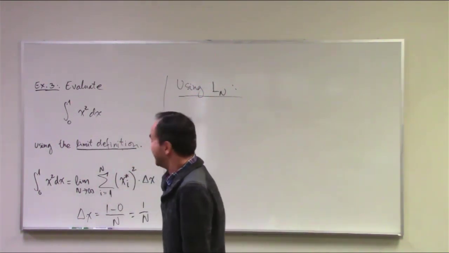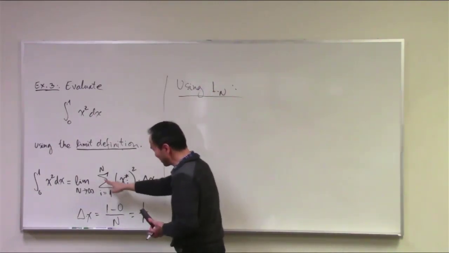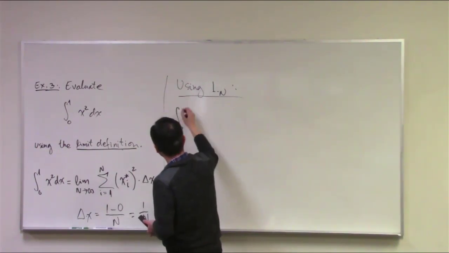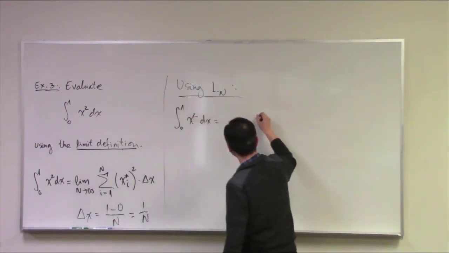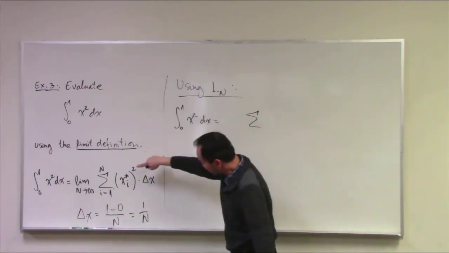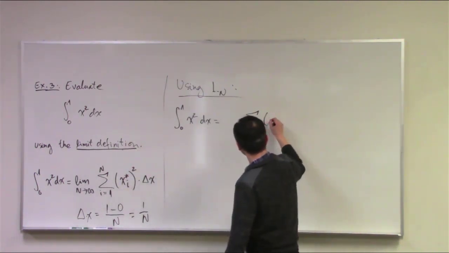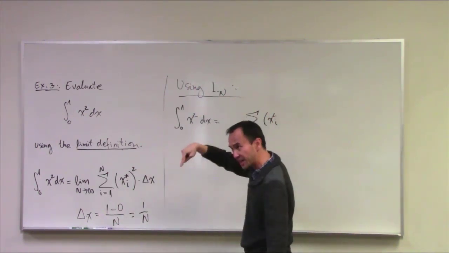So if we're using the left endpoint, this is how the Riemann sum becomes. The interval from 0 to 1 on your function x squared dx is the Riemann sum where each of the x star i now has a clear indication. We're talking about x L i, the left endpoint on each i-th interval.